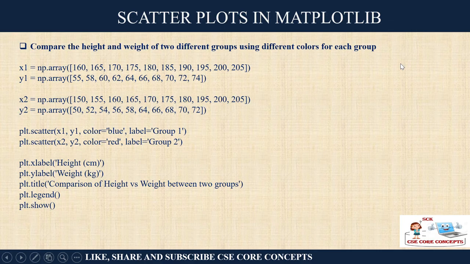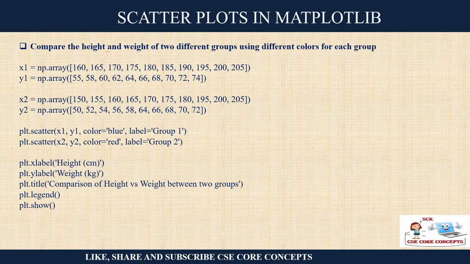Now let's say, for example, I want to discuss one example where we compare the height and weight of two different groups using different colors for each group. I am doing some research analysis based on the physiology of people, and I have collected height and weight for two groups. One group of people leads a sedentary lifestyle, and one group leads a laborious lifestyle.